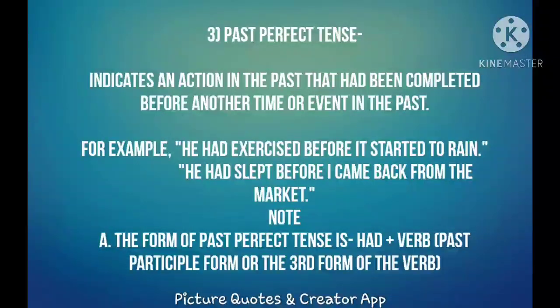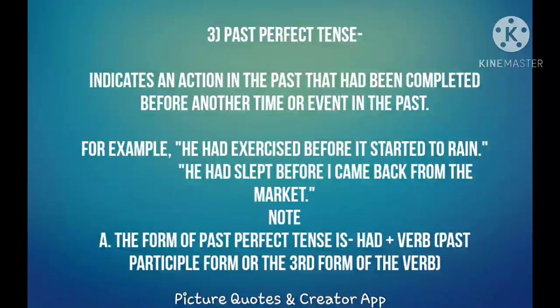The past continuous tense is formed with subject plus was or were plus the ing form of the verb. Was is used with the singular form and were is used with the plural form of the subject.